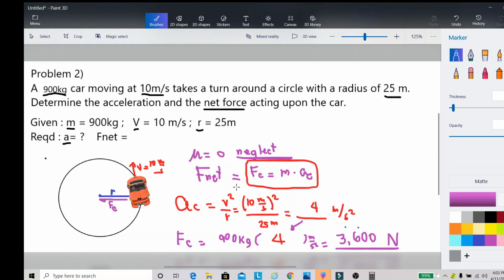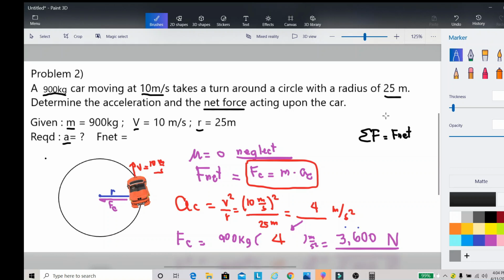Okay, that's how easy it is kapag walang masyadong ibang forces kapag yung Fnet natin is equal to the centripetal force. But there are times na ikino-consider natin yung friction, then simple lang din naman yon. We just have to sum up forces and apply Newton's second law, summation of forces is equal to F net. Okay, so that F net is equal to and then we equate that zero.